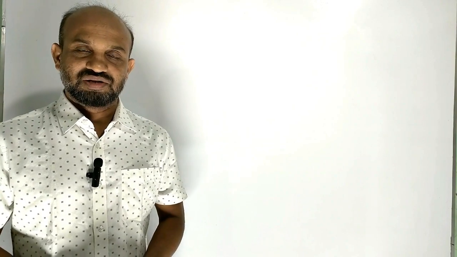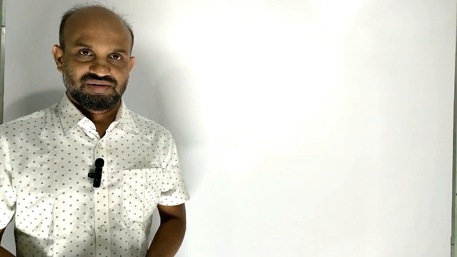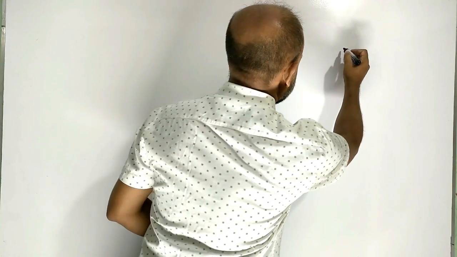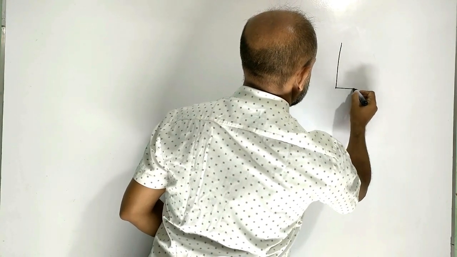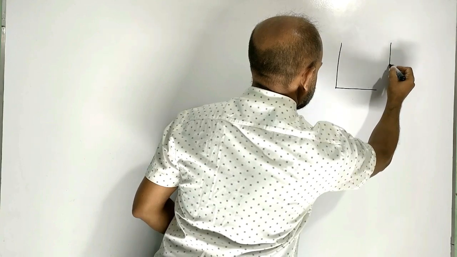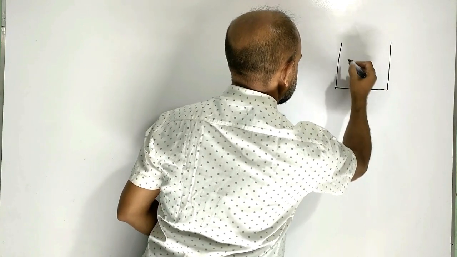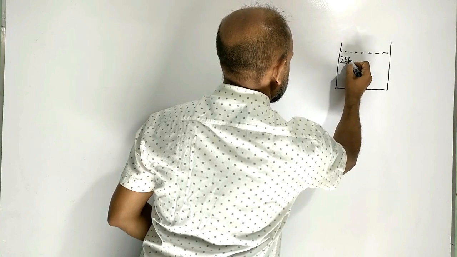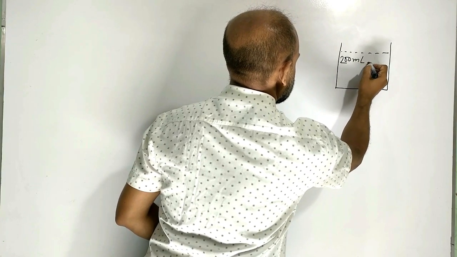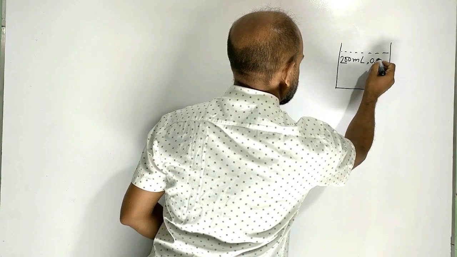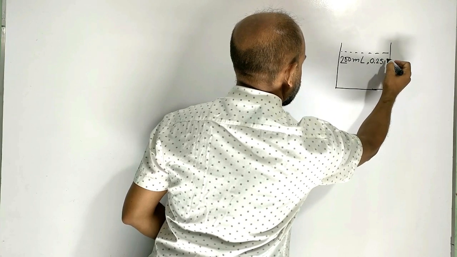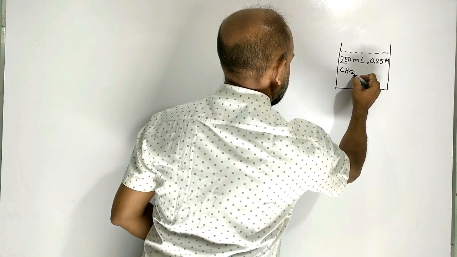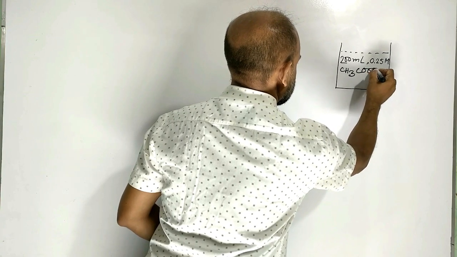Mathematical problem related to buffer solution. Let us see a problem. Let us consider this is a solution: 200 milliliter of 0.25 molar acetic acid solution.